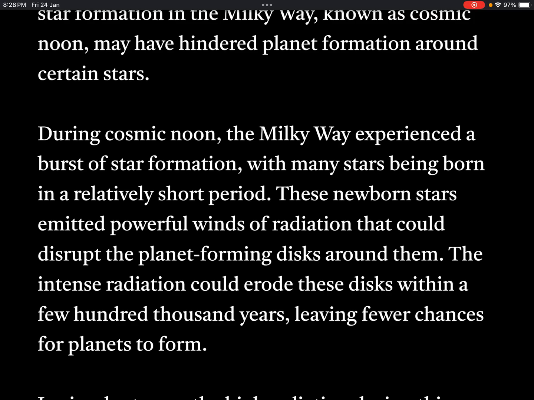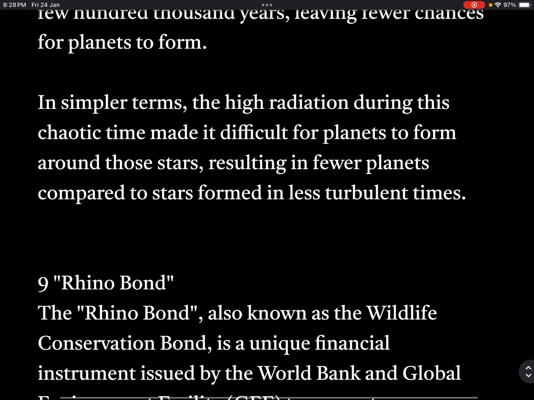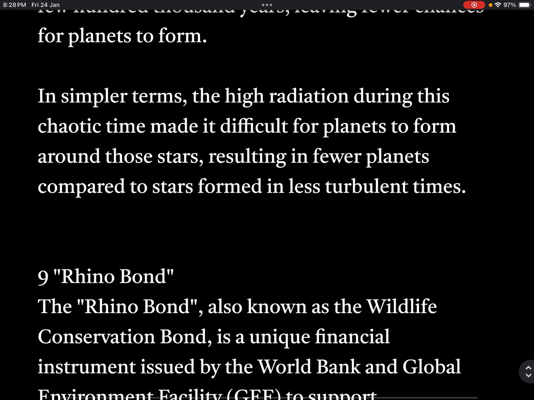Due to the high radiation, the disks were interrupted. The intense radiation could erode these disks within a few 100,000 years, leaving fewer chances for planets to form. In simpler terms, the high radiation during this chaotic time made it difficult for planets to form around these stars, resulting in fewer planets compared to stars formed in less turbulent times.